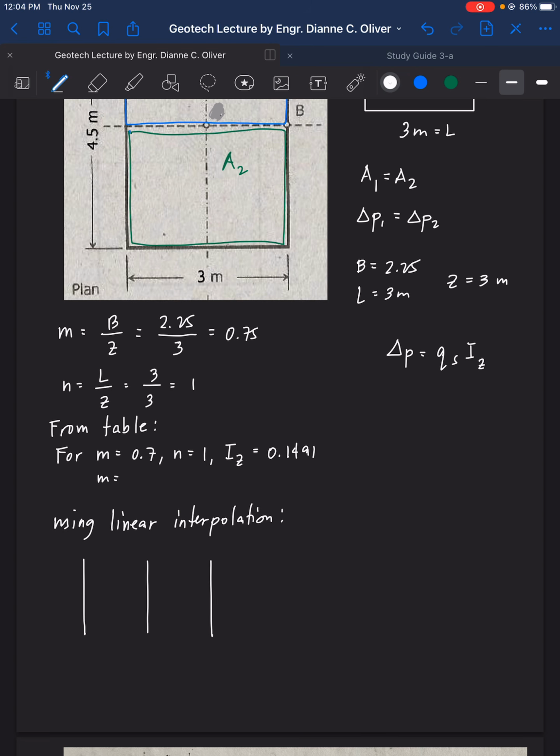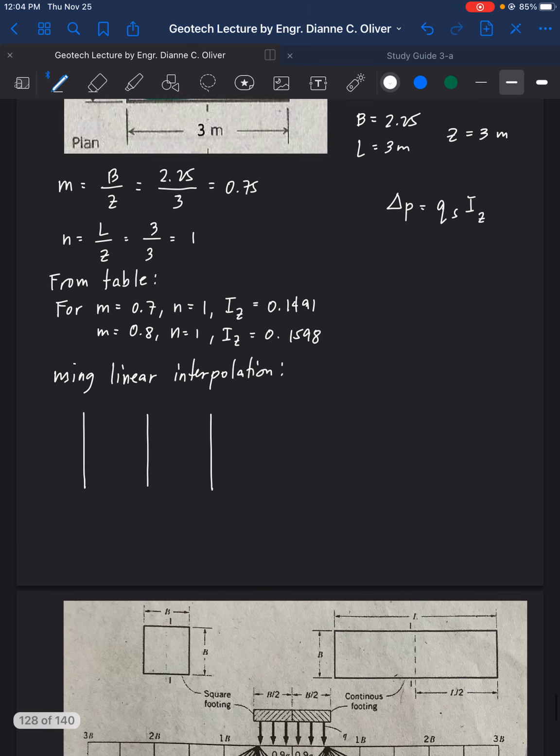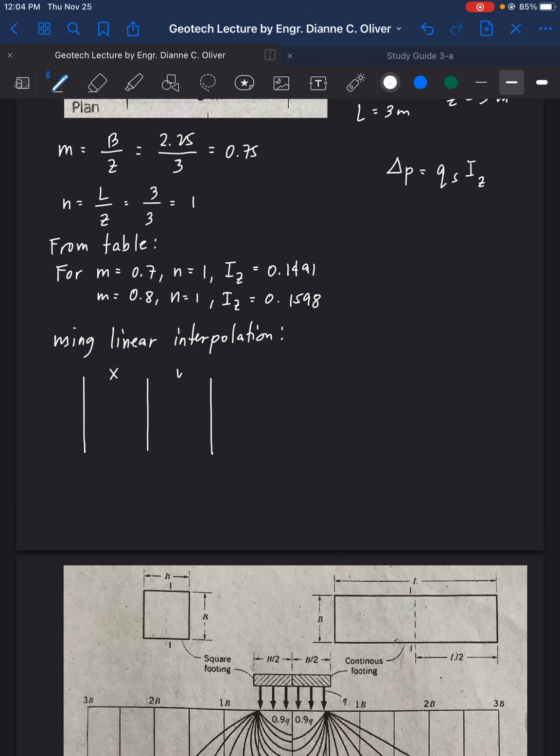For m equal to 0.8, n equal to 1, I sub z is equal to 0.1598. So using linear interpolation, x and y here, we have 0.7, 0.1491, we're looking for 0.75, and 0.8, 0.1598.